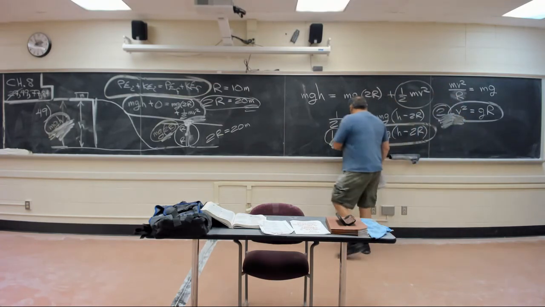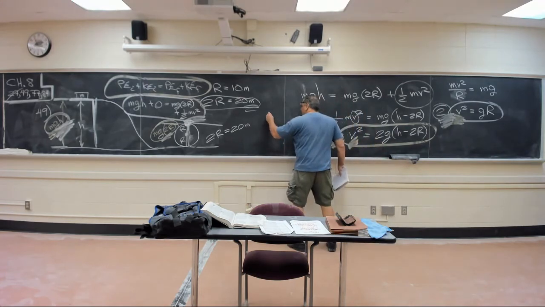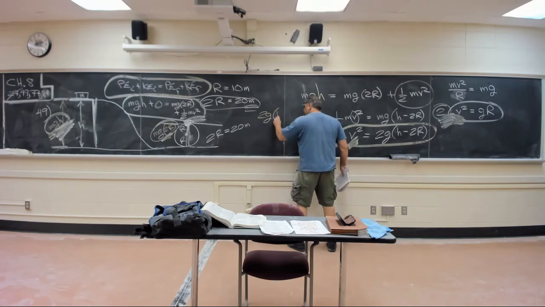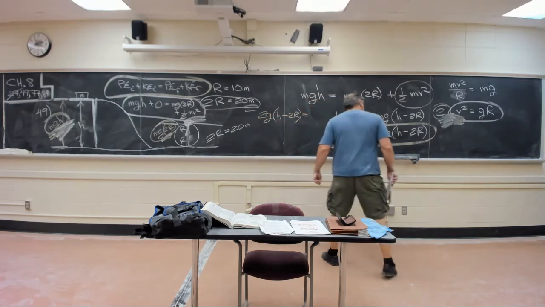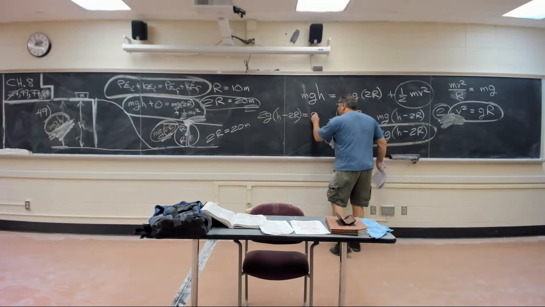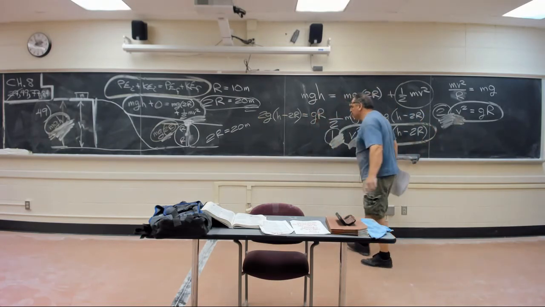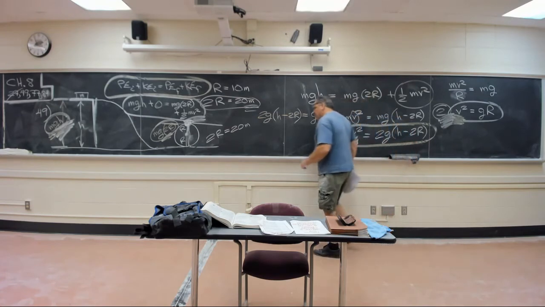All right. Let's put the first one. v squared is 2g, and the other one is v squared equals gr. It's pretty important.